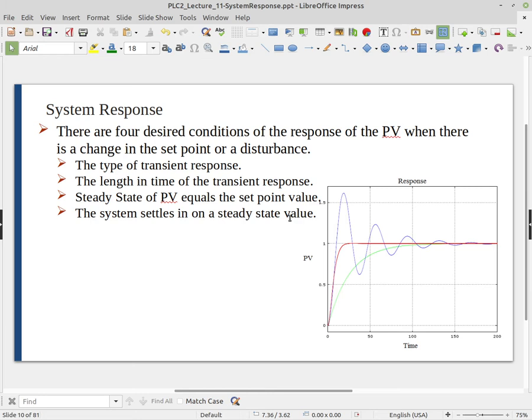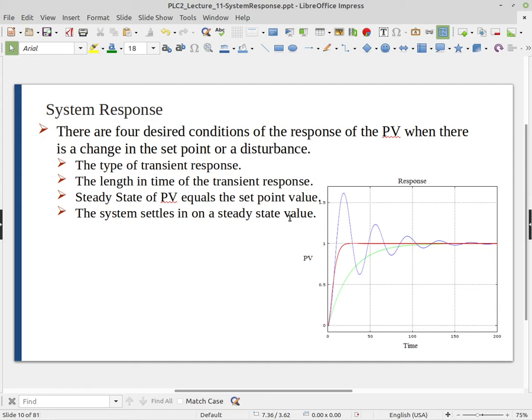All right, so there are four desired conditions or values that we want to look at when we're trying to analyze the system. Okay, so number one was we want to be able to define the type of transient response, whether it's overdamped or underdamped or critically damped. We'll look at those in detail a little bit later. And then the length of time.